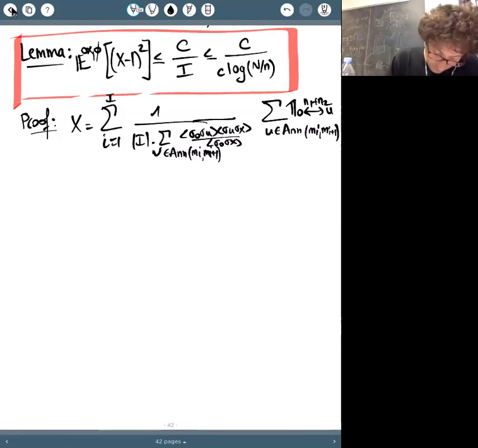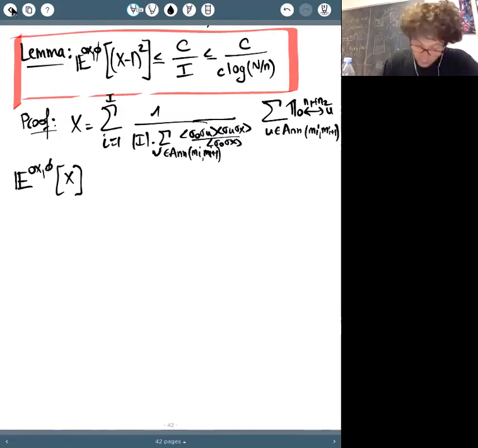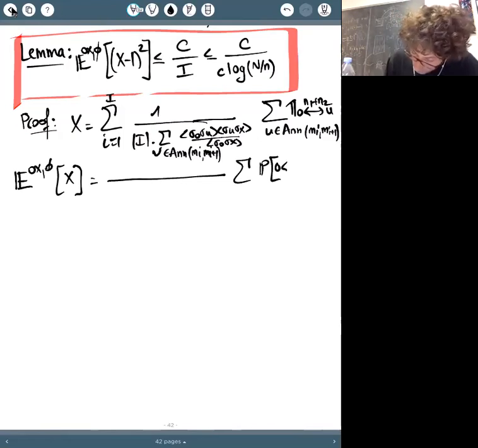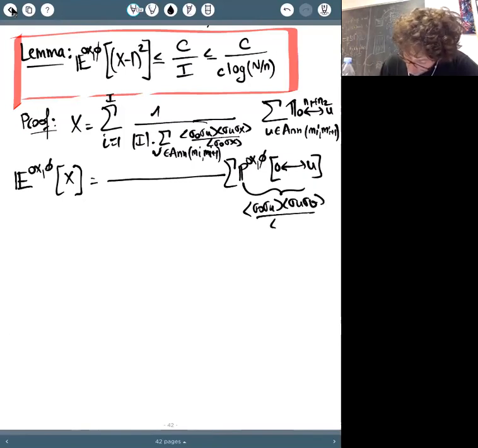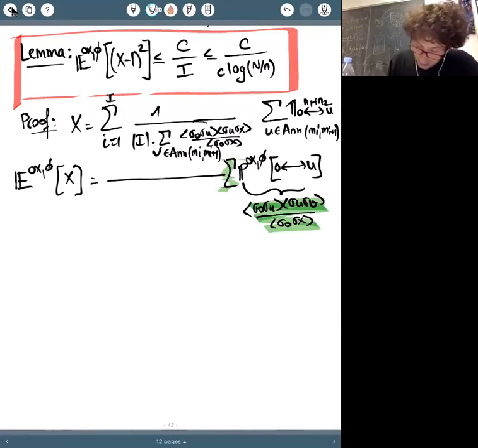First thing, what is this? Well, this is this horrible sum, and here I have the sum and the probability of 0 connected to u, and this is the probability in 0x empty set. So what is this? This is sigma 0, sigma u, sigma v over sigma 0, sigma x. This is the switching lemma. But then you see that this term summed is exactly canceling this thing.